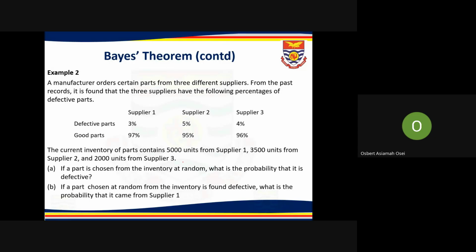So please let's write the important part down. Let me give you just a minute to do that. Let's be quick about it.